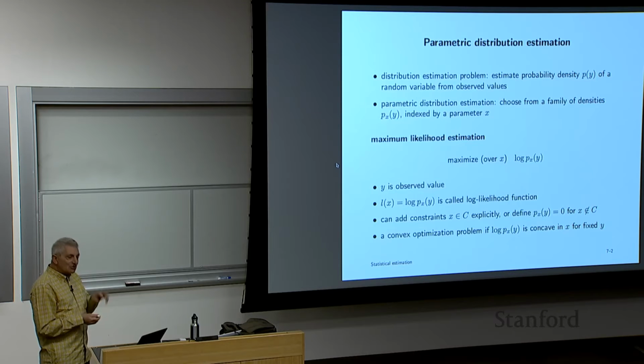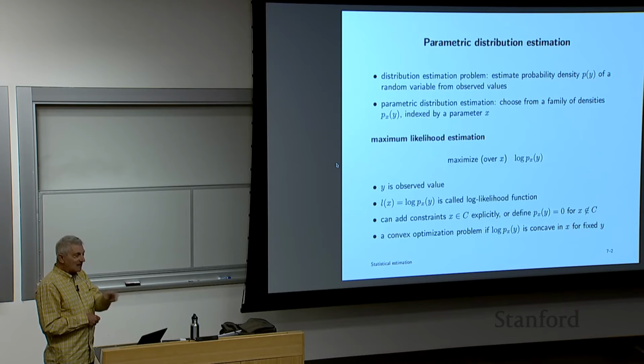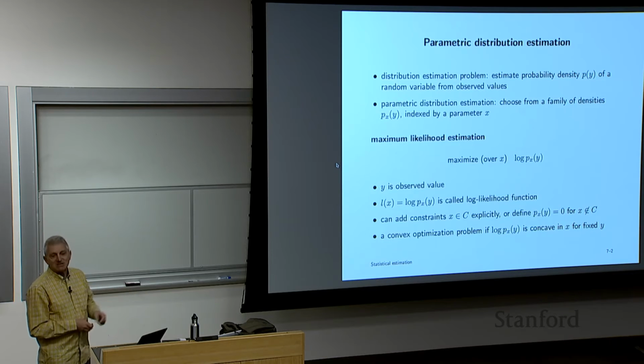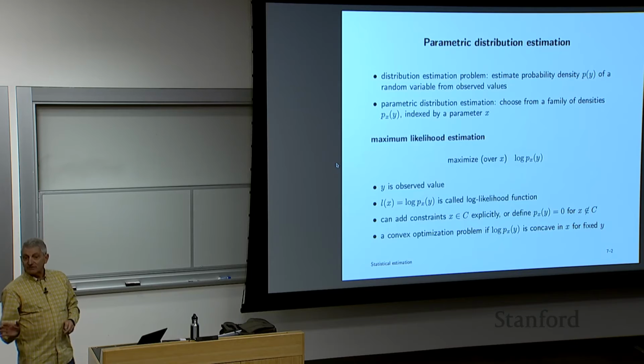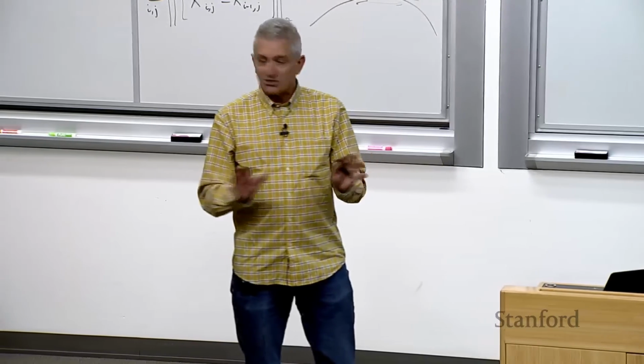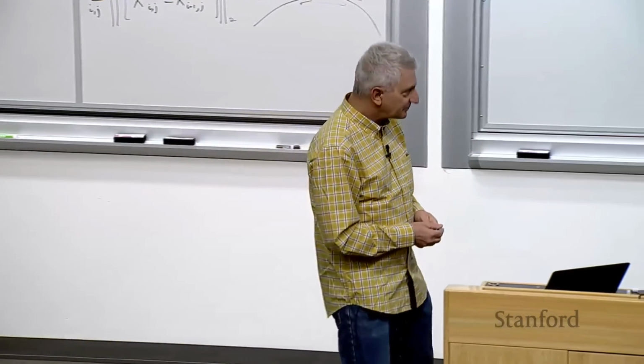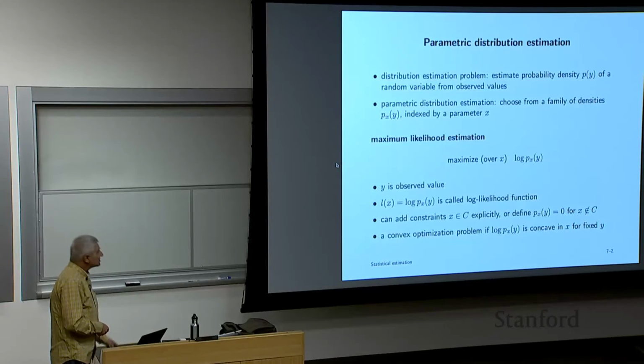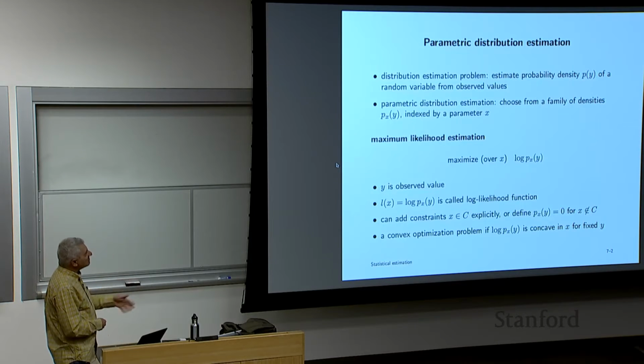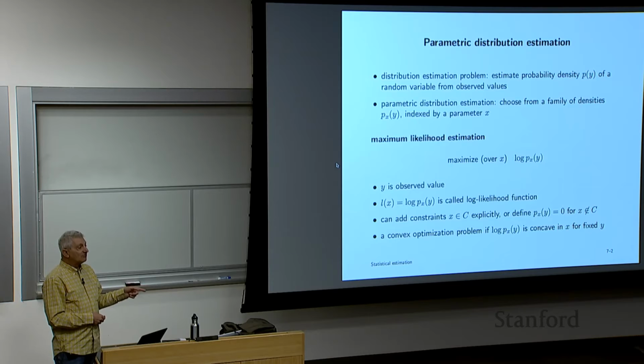Everybody got that? Now, there are lots of cases, like if it's an exponential family, where they turn out to be the same thing. But in general, they're different. I'm going slow just to make sure this is all totally clear. So roughly speaking, maximum likelihood estimation is a convex problem when the log likelihood function is concave, which is not the same as saying that the densities are all log concave. That's a different thing.